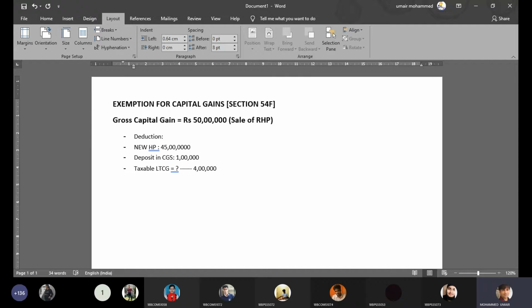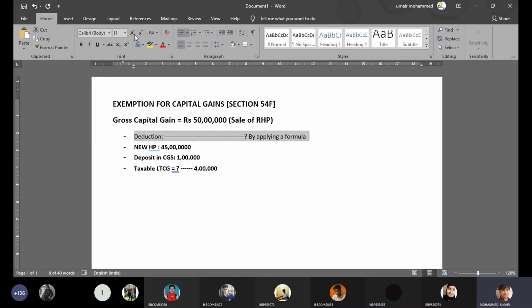But this section 54F is unique because the so-called deduction amount here should be calculated by applying a formula. We can't straight away deduct amounts like this. It's not permitted. Rather, we apply the deduction using a formula.